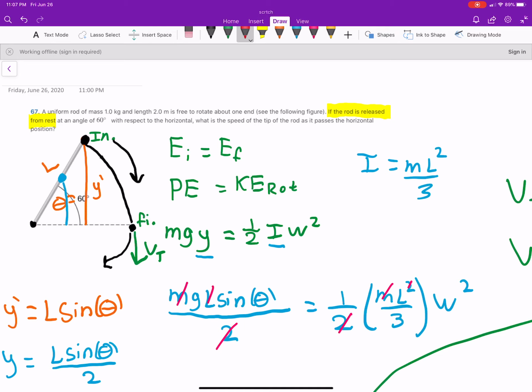So we have this rod that's sliding down, and what we want to know is how fast the tangential velocity is at that bottom part. We know at the very top it has potential energy due to gravity, which is just mgh. And we know that your rotational kinetic energy is 1/2 I omega squared.